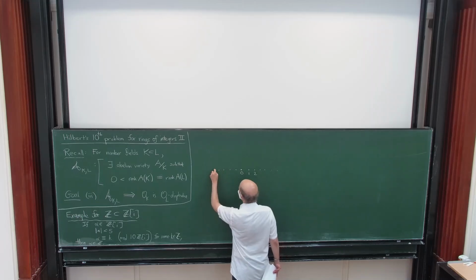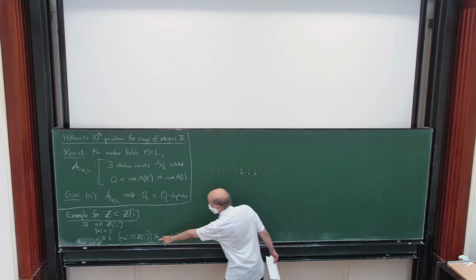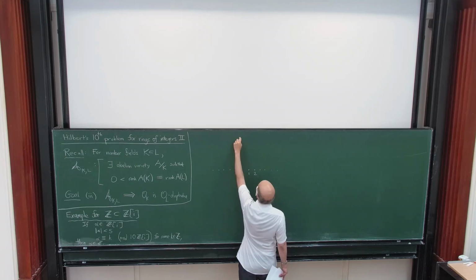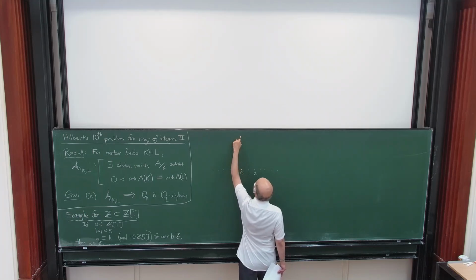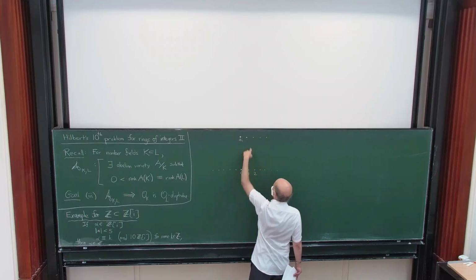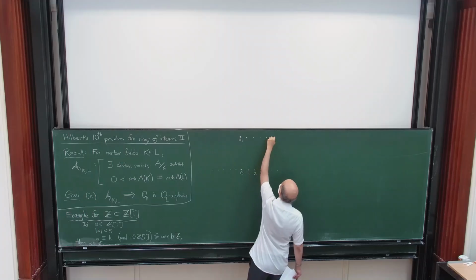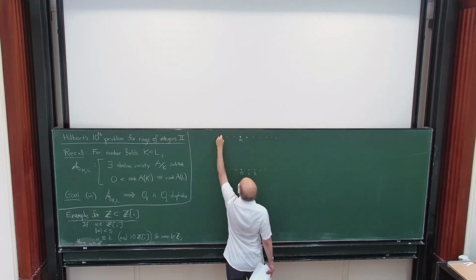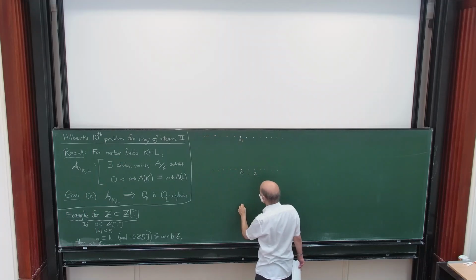But if congruent mod 10 means congruent mod this ideal, you could also have 10i, which is up here somewhere. And then you could have that plus 1, because this one is congruent to 1, this one's congruent to 2, and so on. So you have these going this way, and you have another row down here, minus 10i.